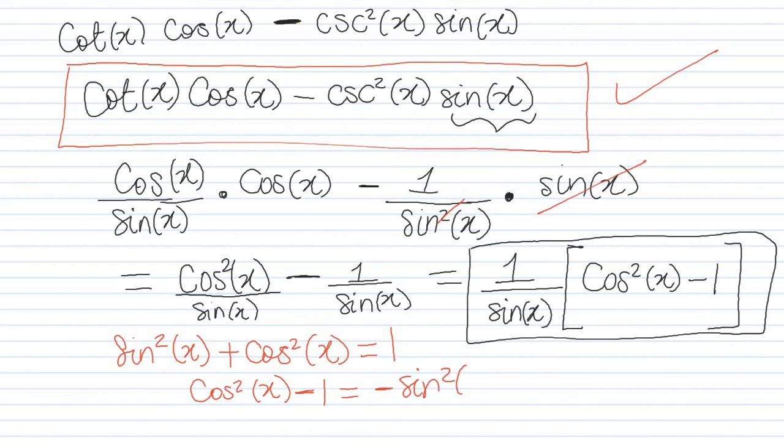So negative sine square x. So therefore, the 1 over sine x that we have here is the same thing as negative sine square x.